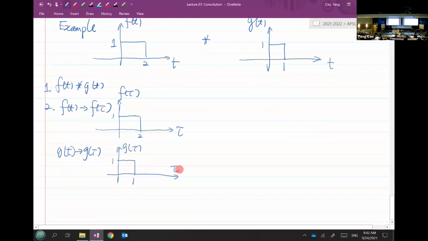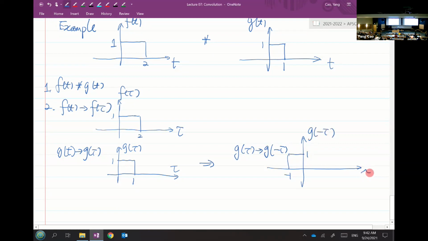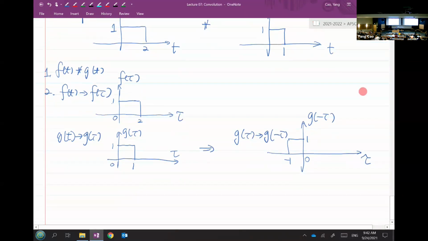Okay. Then flip it. G of negative tau, flip it, you get this g of negative tau. And now the next step, shift it.